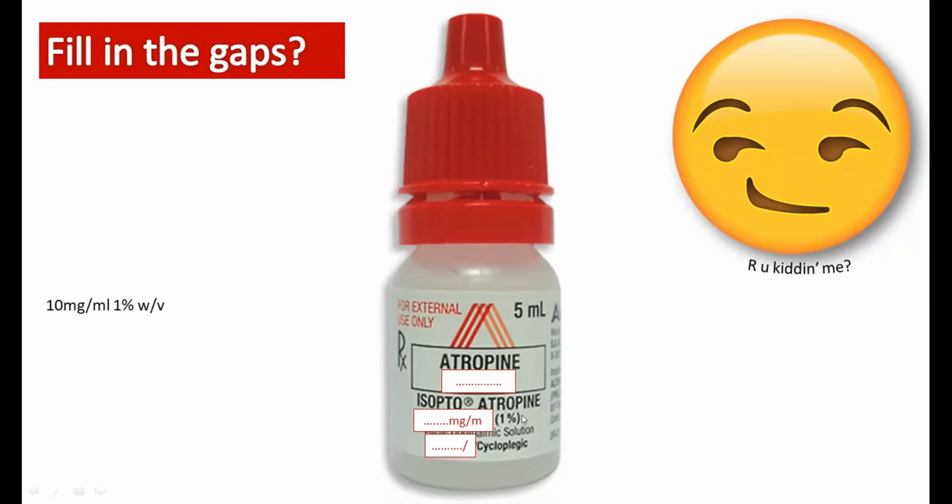The concentration is 1%, or if you say it in milligram per milliliter, it is 10 milligram per milliliter, and it is cycloplegic and mydriatic. I want you to notice that parasympatholytics have both cycloplegic and mydriatic effect, but sympathomimetics have only mydriatic effect.